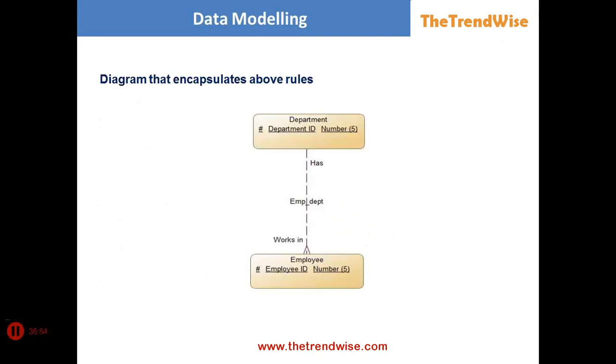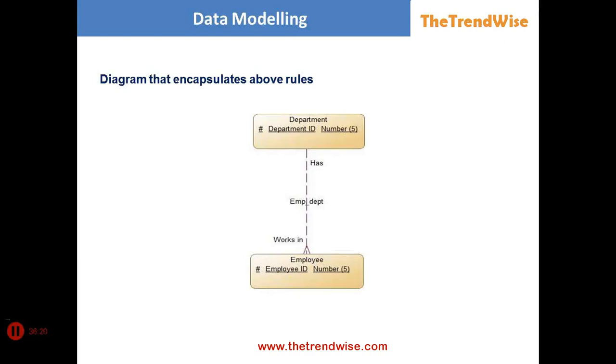The department entity has an attribute called department ID. Similarly, the employee entity has an attribute called employee ID. What are these attributes? An attribute is a description of that entity, something which explains more about that entity. If we have made an entity called employee, then employee ID would be one of the attributes, which here is a primary key.